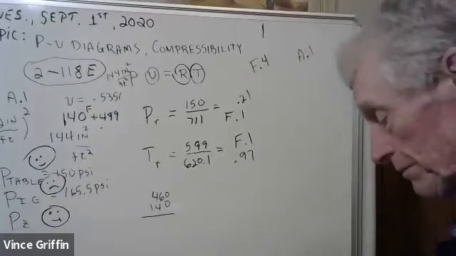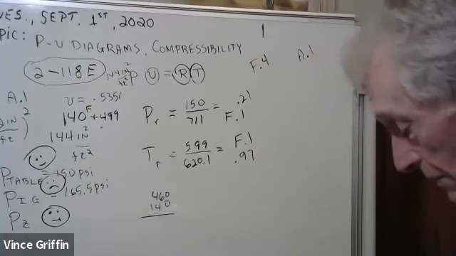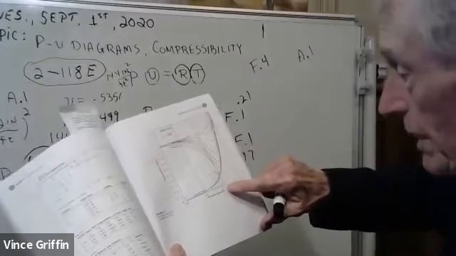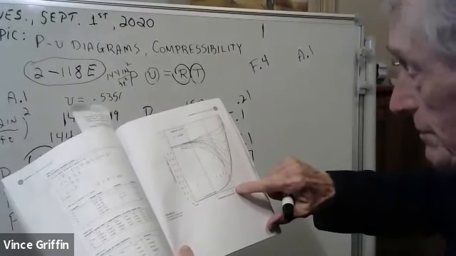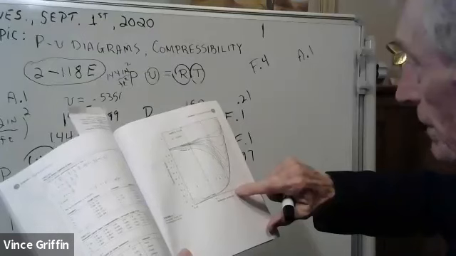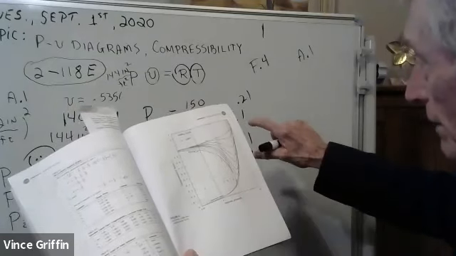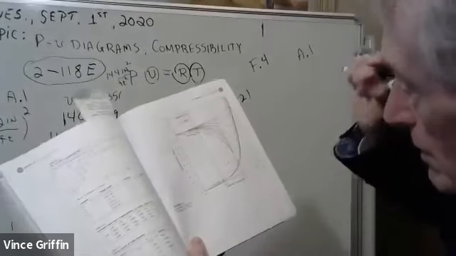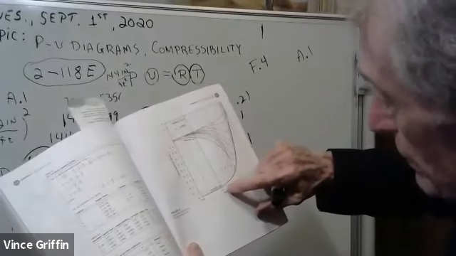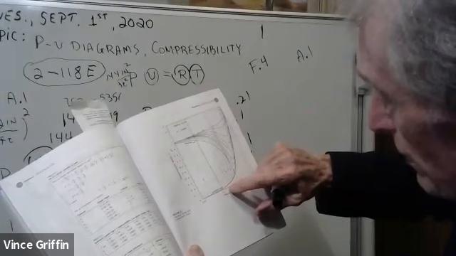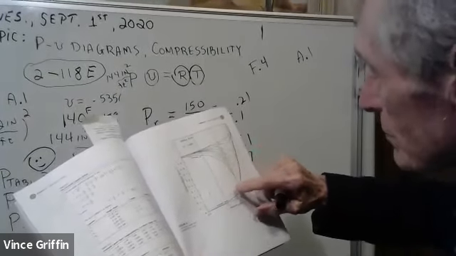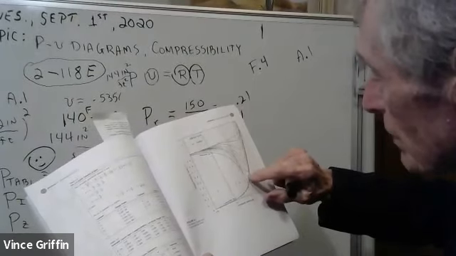And you find 0.97. Okay. Well, 0.97 is dang close to 1, you know what? And then you go up, no, wrong one. We want 0.21, sorry. There's 0.1, there's 0.2, there's 0.21 right about there. And you go up to 0.97, which is dang close to 1.